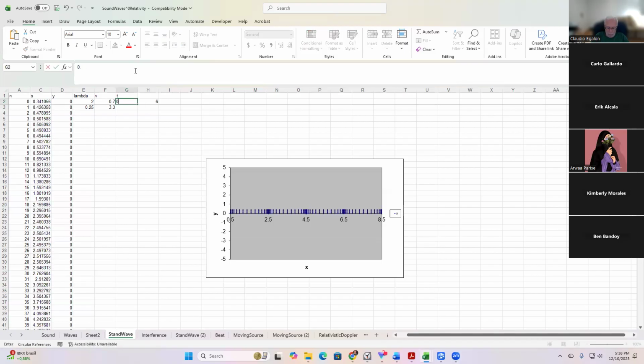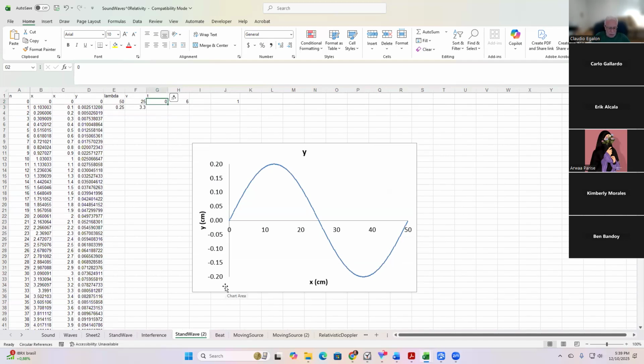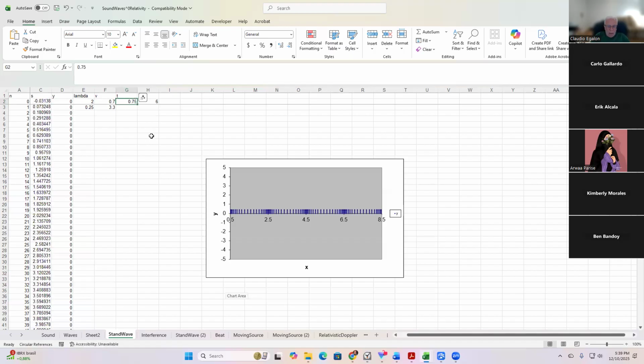Yeah. 0.5. Yeah. 0.75. Yeah, see that? Here's my standing wave. This standing wave here corresponds to the moment in which you have just what you see right in here, which is analogous to what you see.